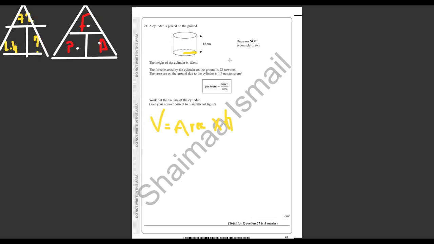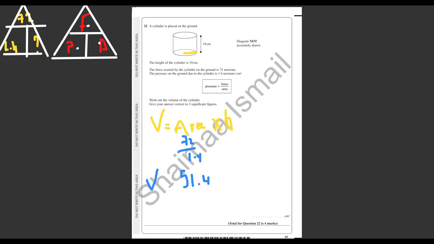Okay, so all what we do now, the area here will be equal to 72 dividing by 1.4, which equals 51.4.